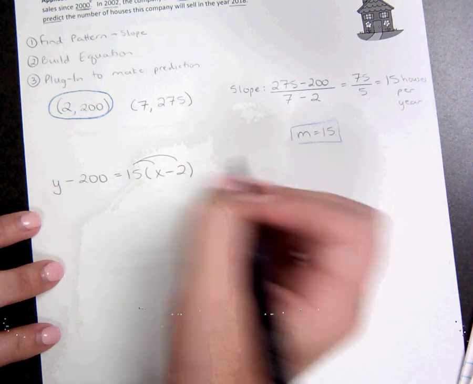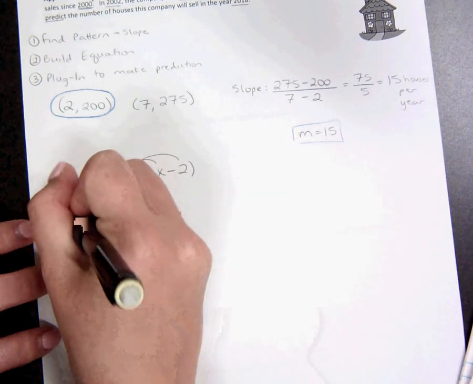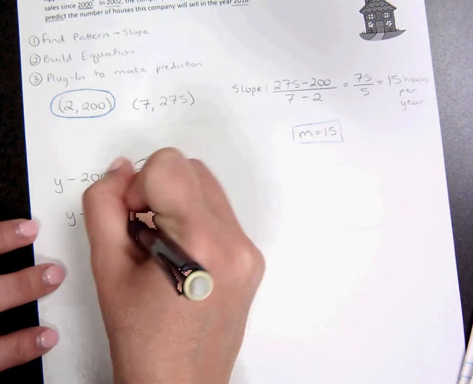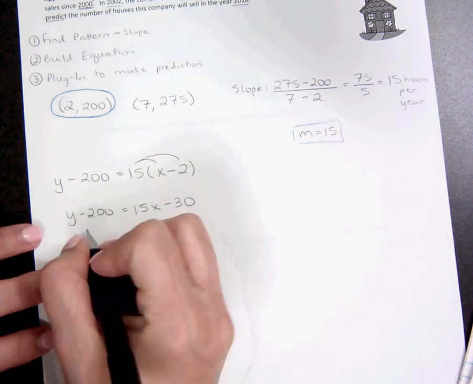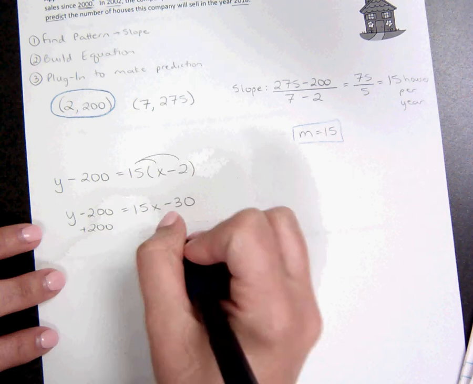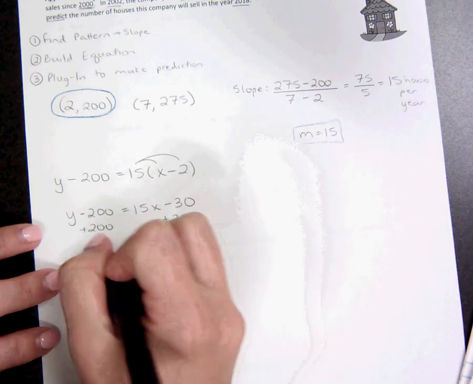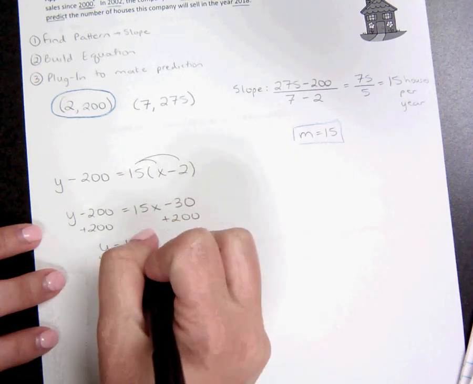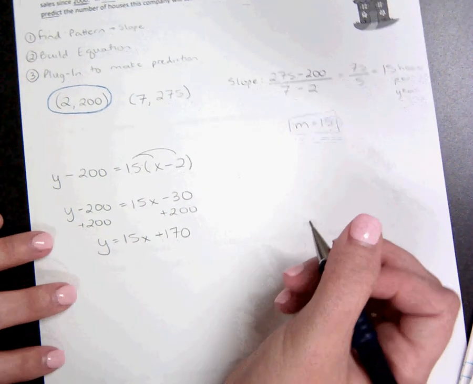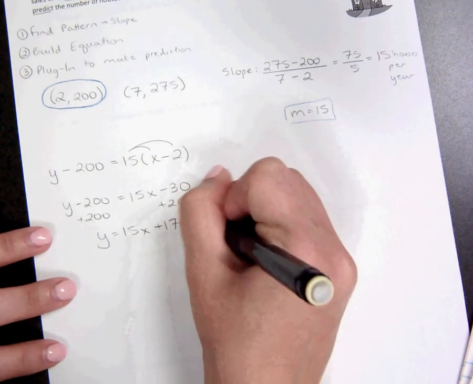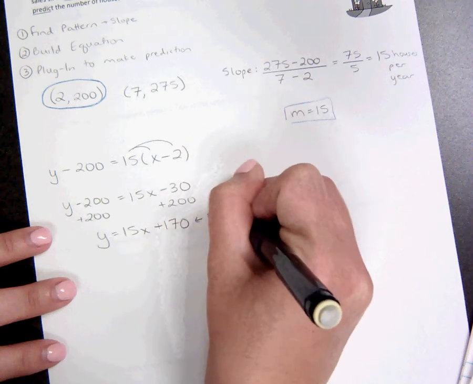From there, we'll do the same thing we were practicing earlier. y minus 200 equals 15x minus 30. Then we'll add 200 to both sides. So y equals 15x plus 170. So that is their equation for growth.